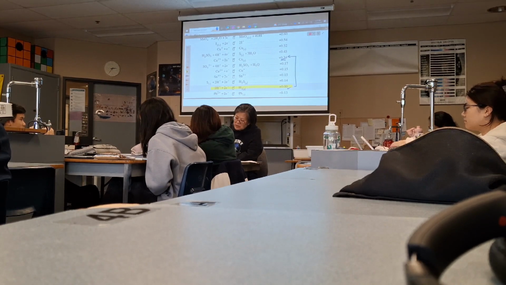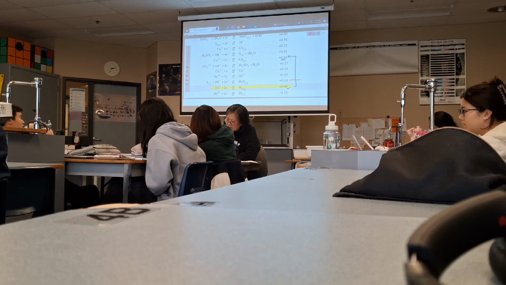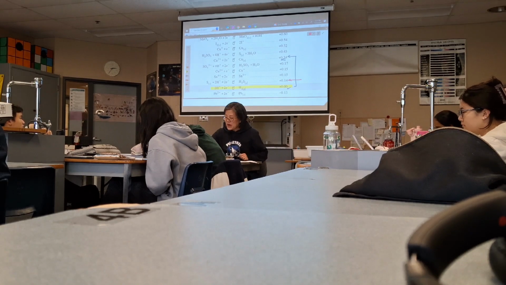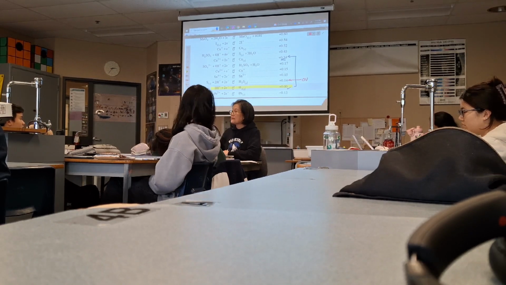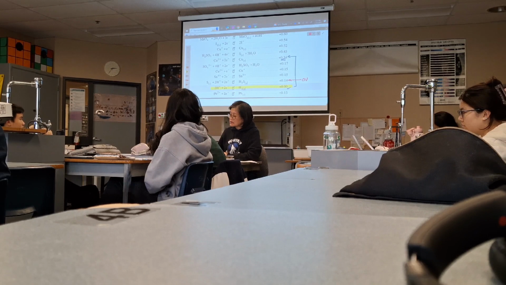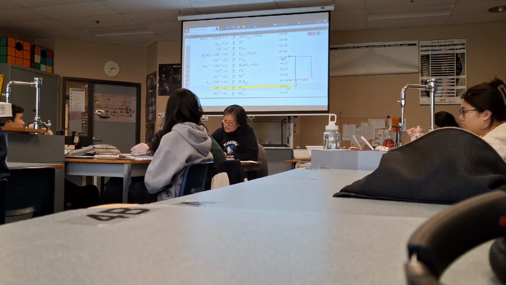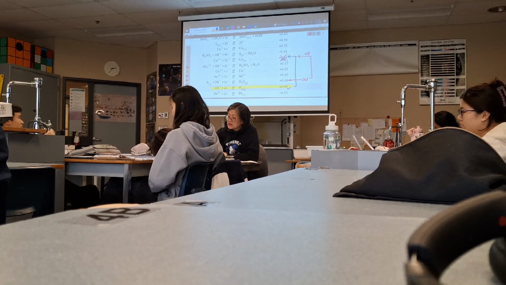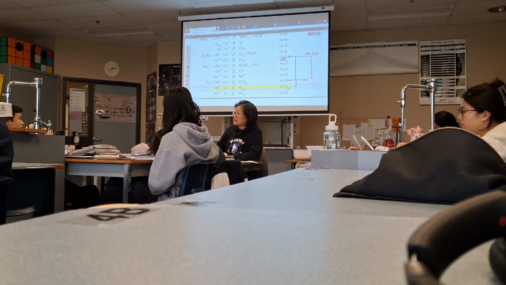However, if I was to go ahead, and I'm going to use purple, and say this is now going to be my new standard of comparison, and I set that up as 0 volts, would copper here stay 0.34? No, this would no longer be 0.34, this would now be 0.20, isn't it?